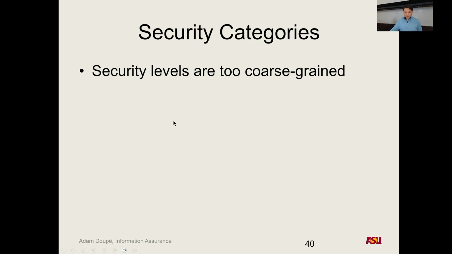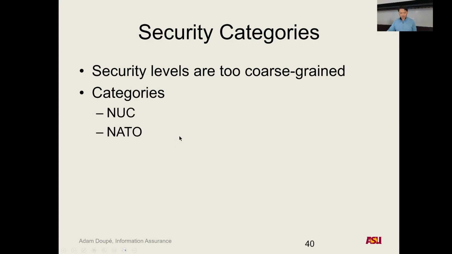Security levels are too coarse grain. Coarse grain is the opposite of fine grain, right? Coarse grain means the pores are too big, so that is not enough to describe some details. So we add the categories.